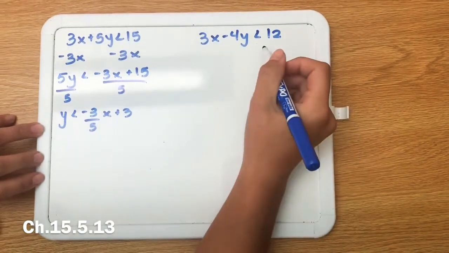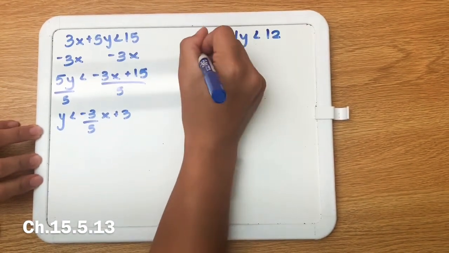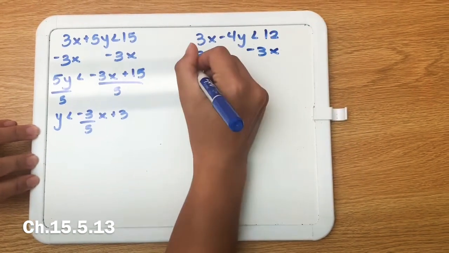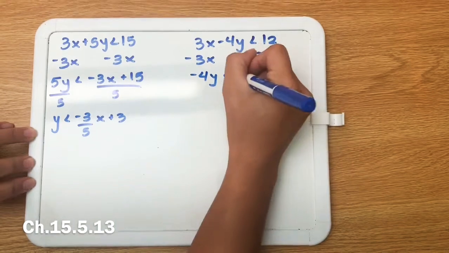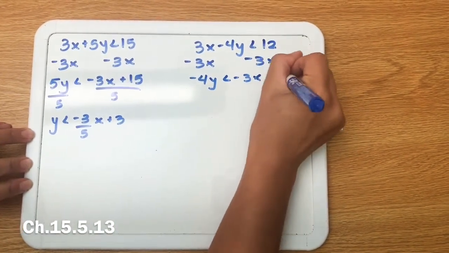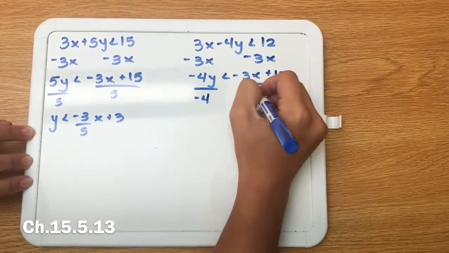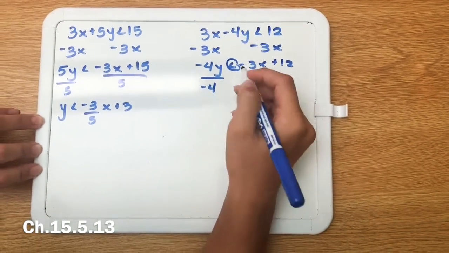And same thing with the second equation for the second line. We need to get y by itself, so we're going to subtract 3x from both sides. Your new equation is going to be negative 4y is less than negative 3x plus 12. Then you need to divide both sides by negative 4. And because you're dividing by a negative number, your sign is going to change directions.